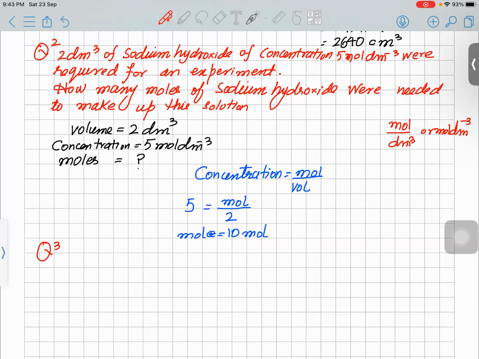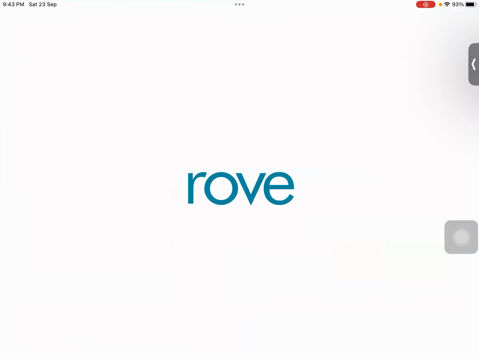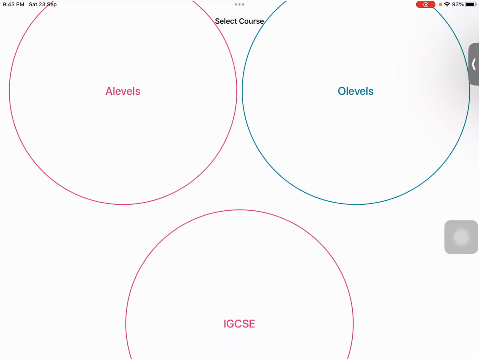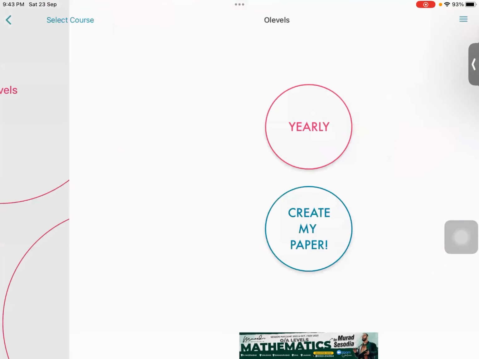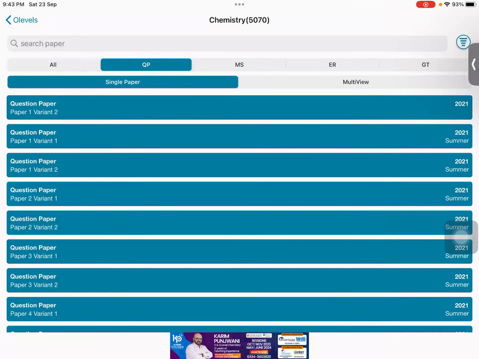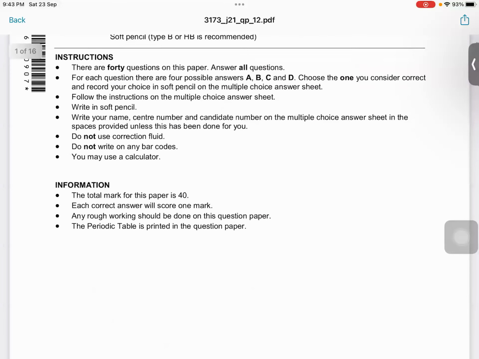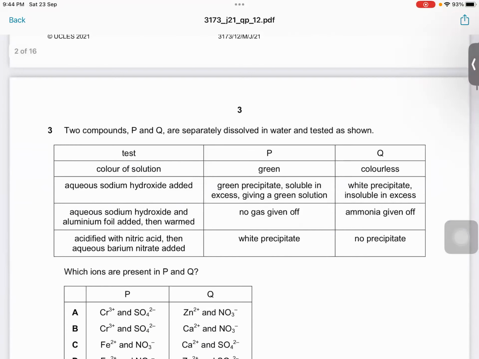Now we will start the past paper of moles. This is an MCQ paper.